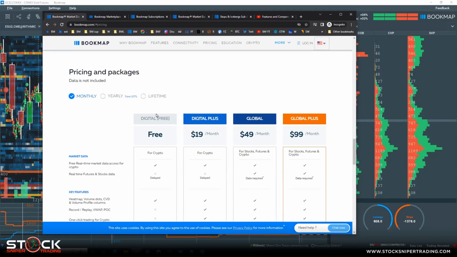So it will give you a good overview of what Bookmap is all about, but you won't be able to connect it to more than that one crypto live market. If you're just a crypto trader, then you go with the digital plus version, and that'll allow you the connection to all the cryptocurrencies.